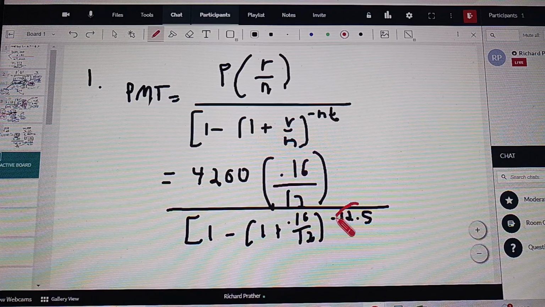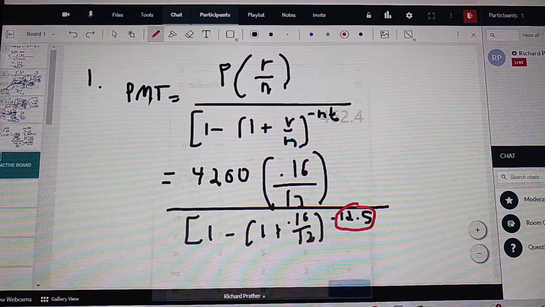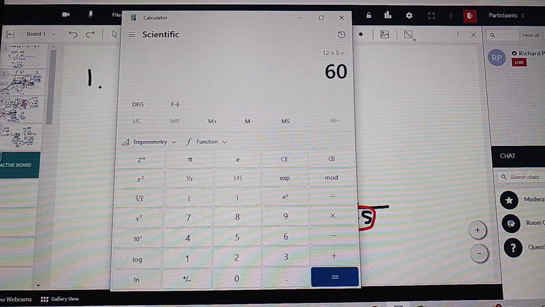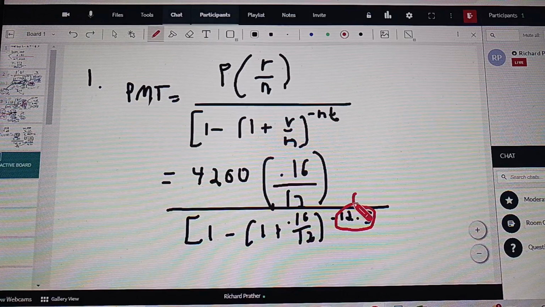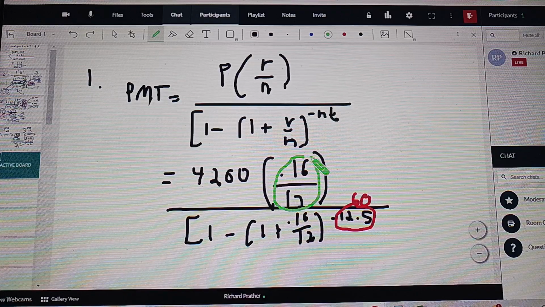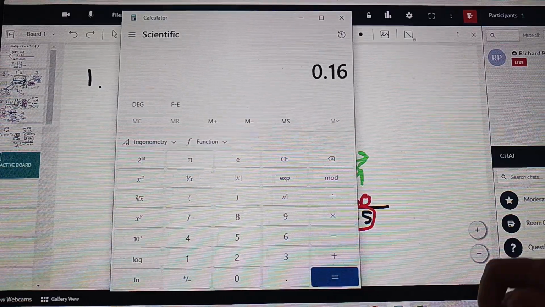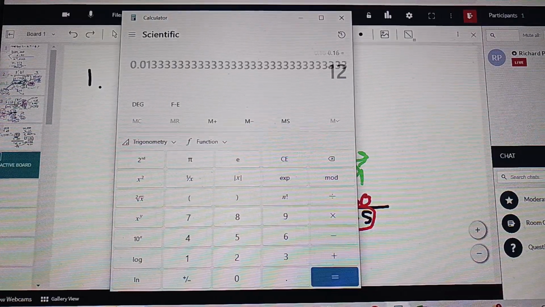So do the exponent first. 12 times 5 is 60. You'll end up making 60 payments over the next 5 years. I think this fraction might come out nicely. 0.16 divided by 12. Oh no, okay.